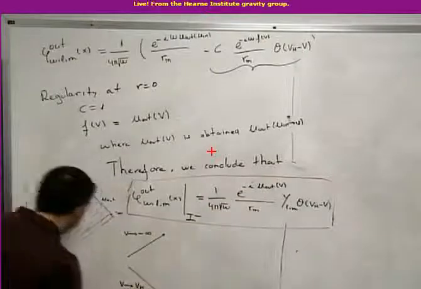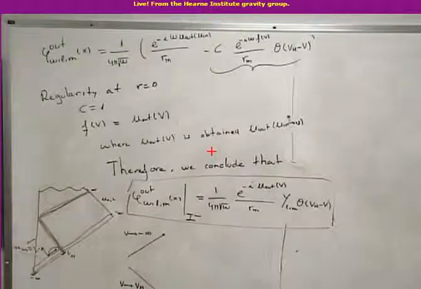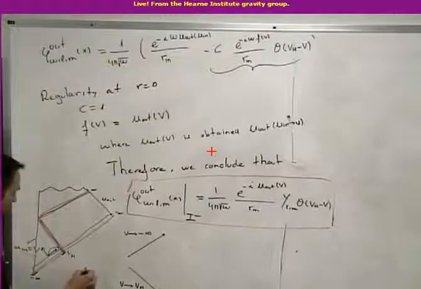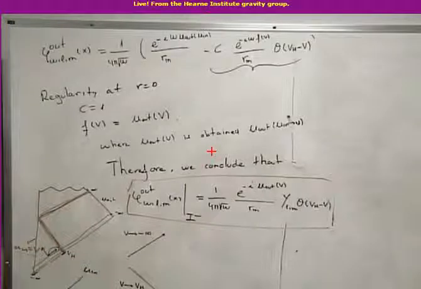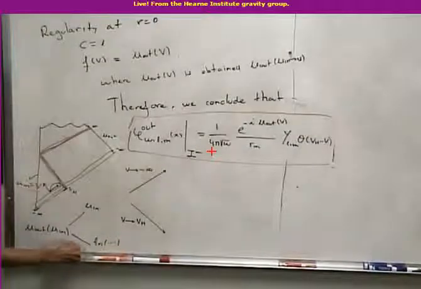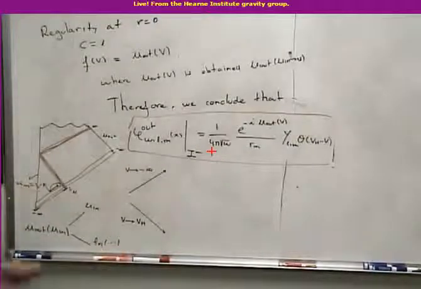Remember that at the beginning of the class, I reminded you of the limits of the relation between u out and u in. That was a logarithmic relation, but it was equal to u in when u out goes to minus infinity, and equal to the log, etc., when u out goes to infinity. But this is the same function.